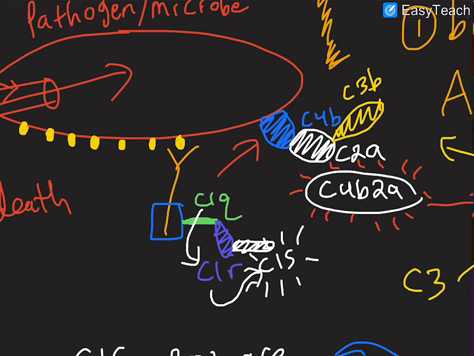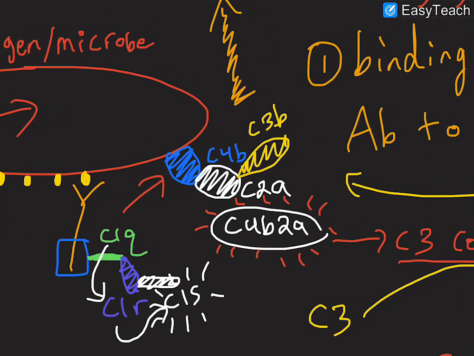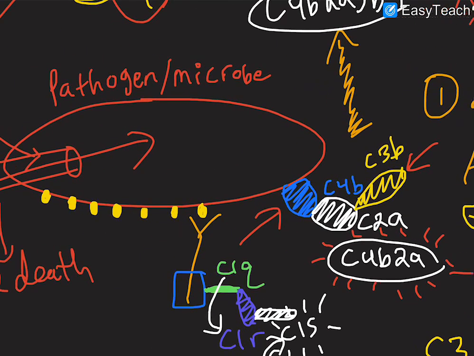Then C3 convertase converts C3 into C3a and C3b. Then C3b binds onto C4b2a, forming C4b2a3b, or C5 convertase. Then C5 convertase converts C5 into C5a and C5b. C5a induces inflammation and attracts and activates neutrophils.